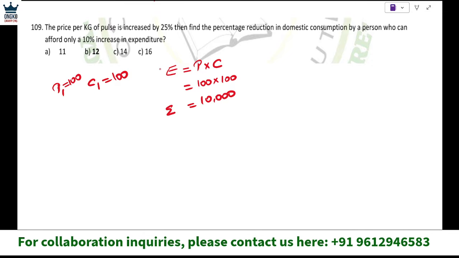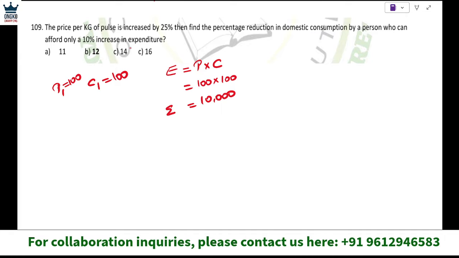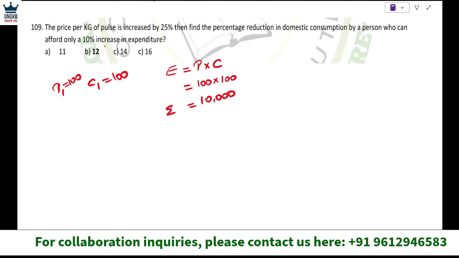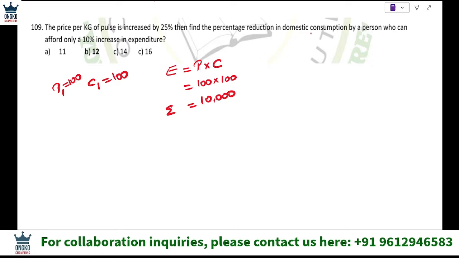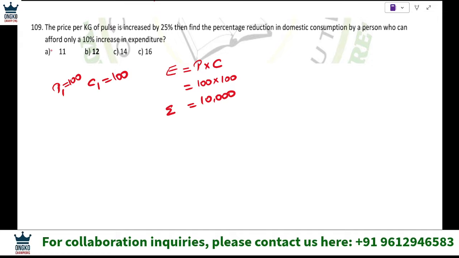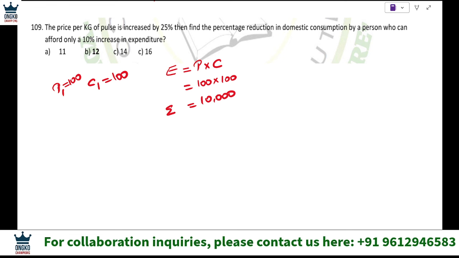In our expenditure, only a 10% increase is affordable. The question says to find the percentage reduction in domestic consumption by a person who can afford only a 10% increase in expenditure. So we need to find that.